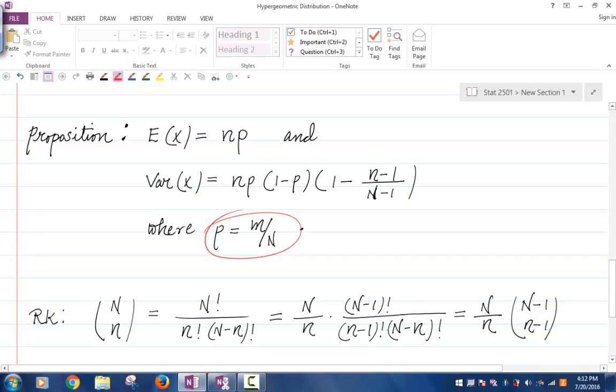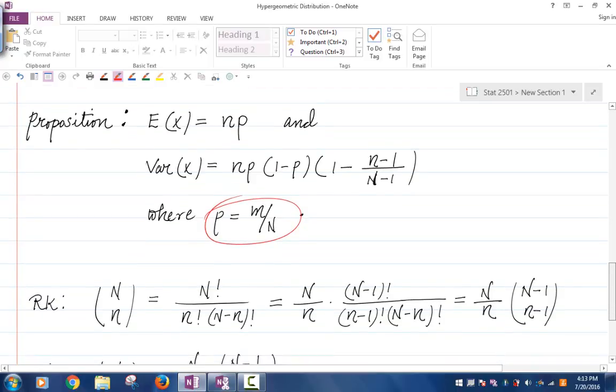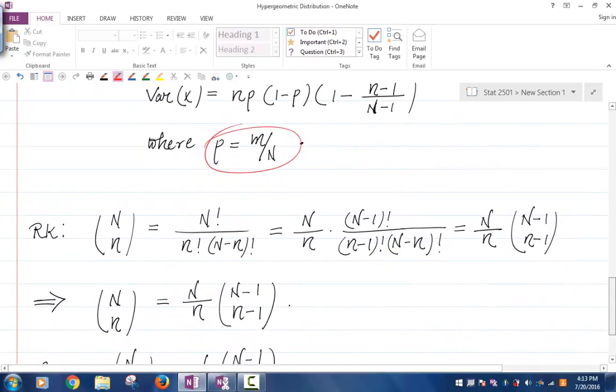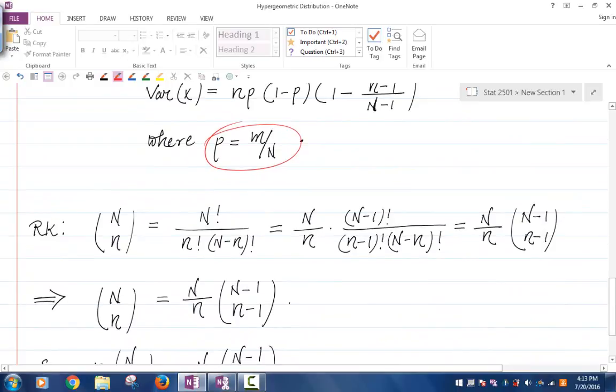If we do that, notice that we can rewrite capital N choose small n as capital N divided by n times capital N minus 1 choose small n minus 1.